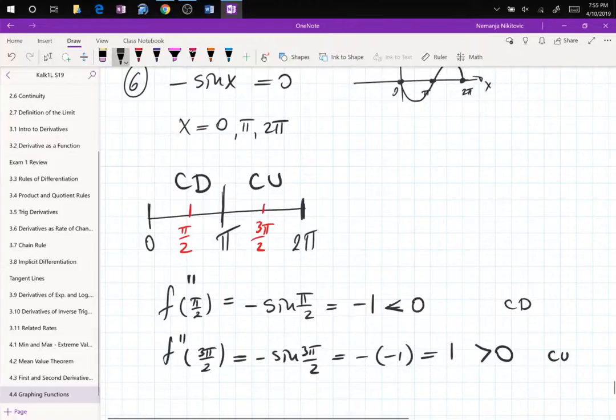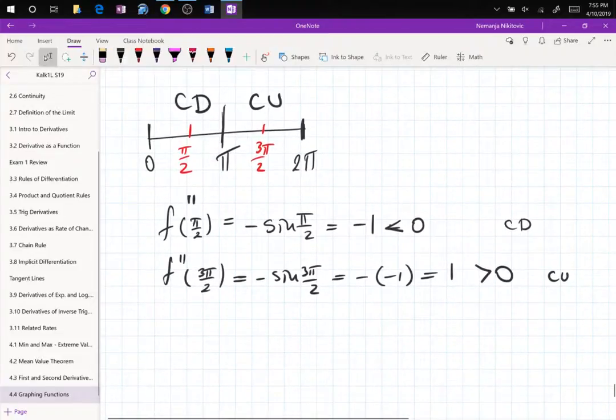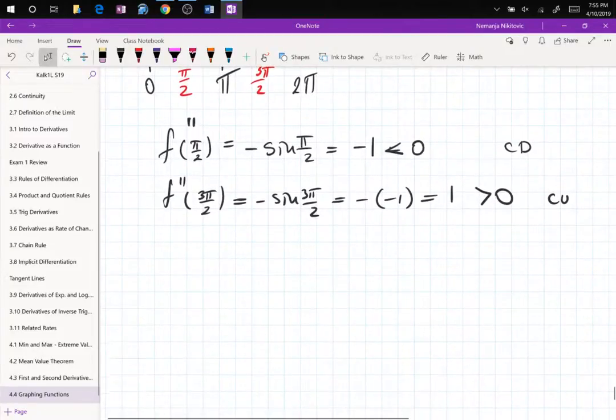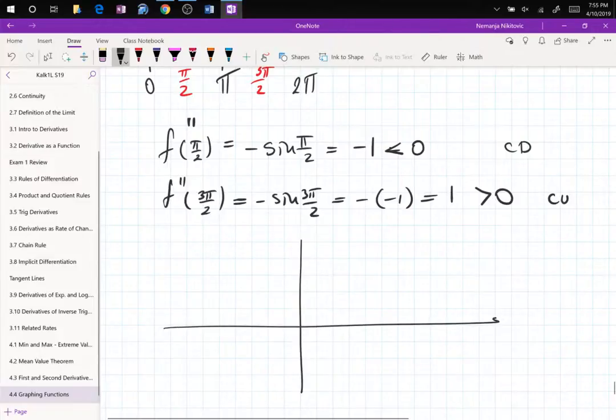At this point, we graph. I don't need this part of the graph at all because everything starts at 0 and ends with 2 pi.